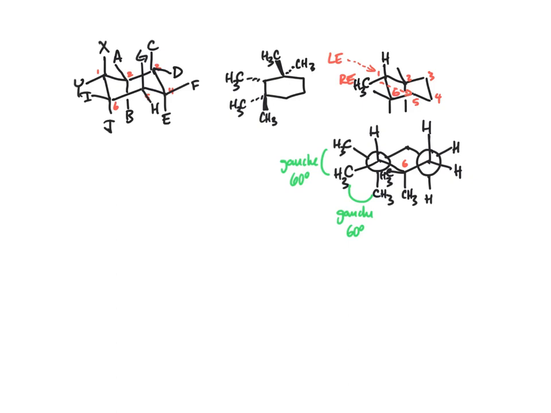So let's look at, let's say, trans 1,3 dibromocyclohexane. So how could you make this somewhat easier on your life? I would just draw a flat cyclohexane first.